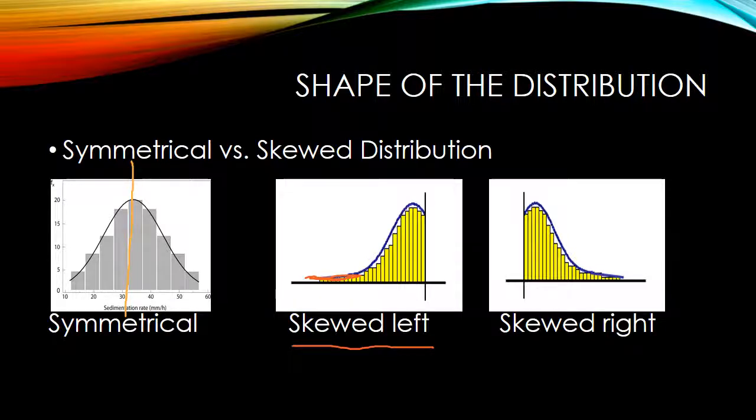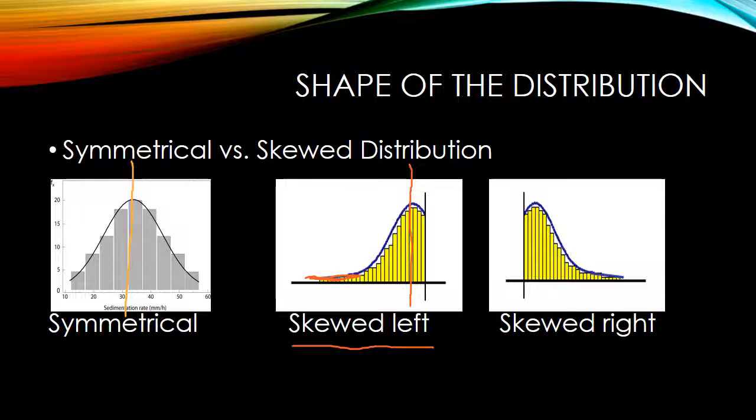And if you look here, you'll see that the mean and the median are here at the top of the mountain, but the left side and the right side are completely different from each other, which means that this distribution is skewed, and it's skewed to the left because the tail of the distribution is at the left side.